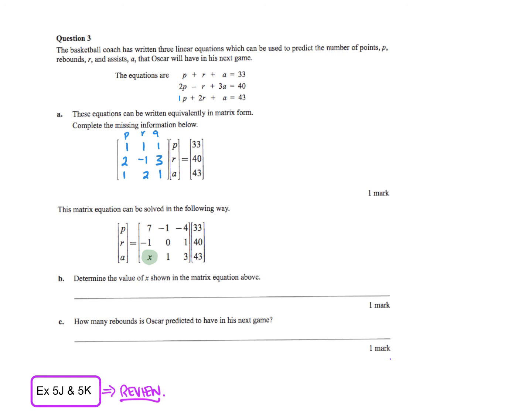It says the matrix can be solved doing this, and then it says determine the value of x. Can you see this matrix here is actually the inverse done, yeah?